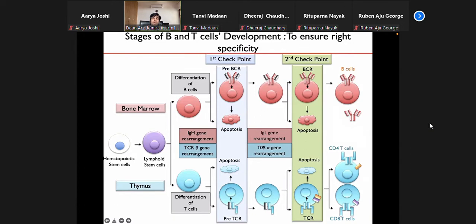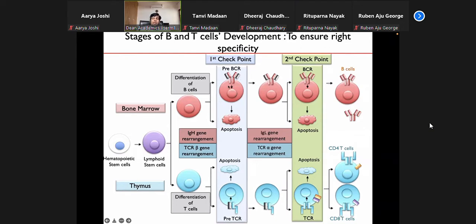We'll talk about the details of this process. But the surrogate light chain is assembled, and then this complex is present on the surface. Now you have more or less assembled a B cell receptor, although we call it pre-BCR, and it starts recognizing antigens at this time point.